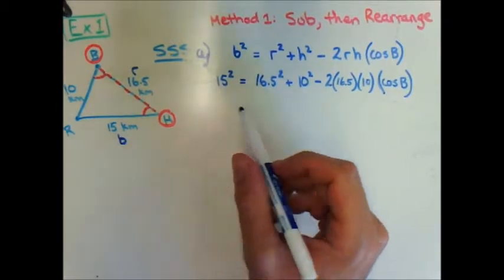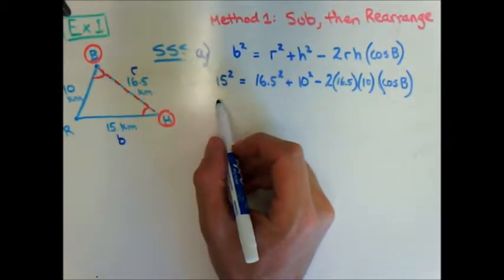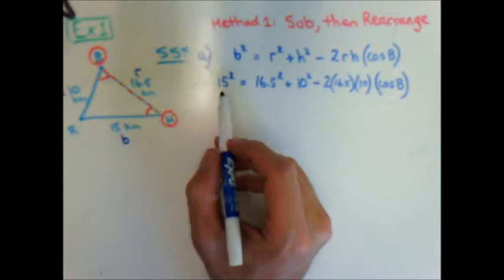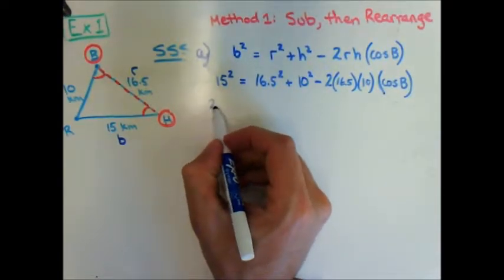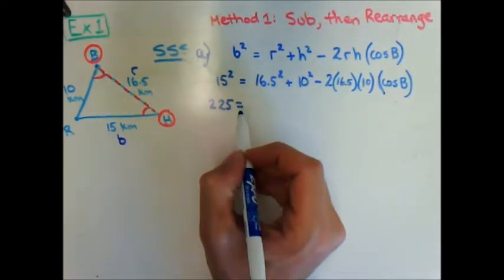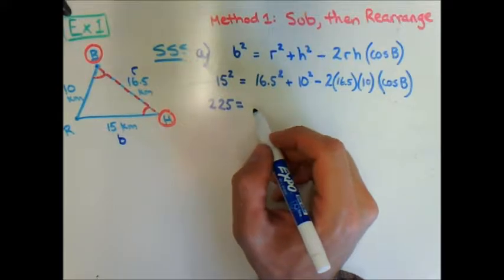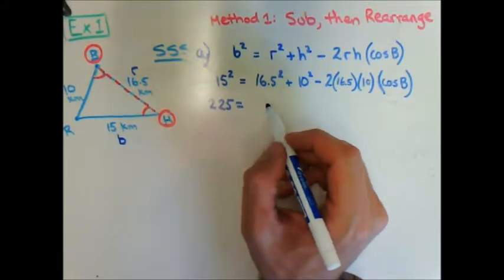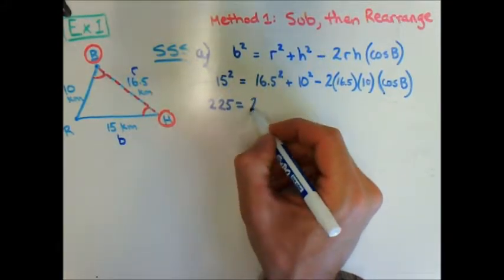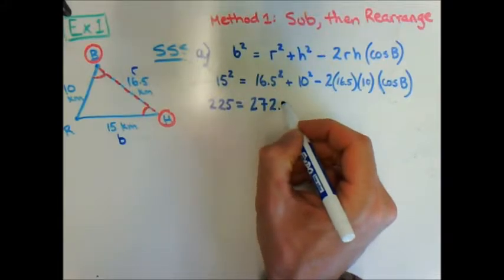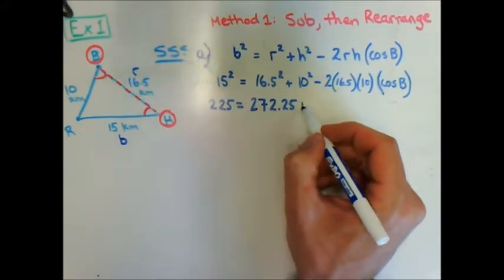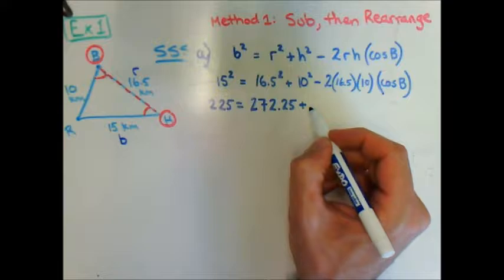And now we simply have to use our algebra skills to simplify. So let's take care of our exponents first. 15 squared is 225. 16.5 squared is 272.25. 10 squared, you should know that.